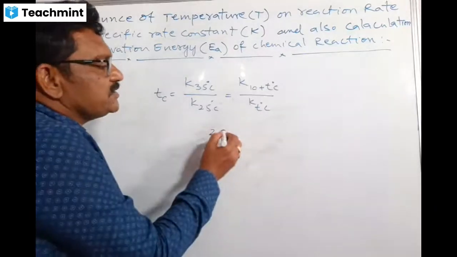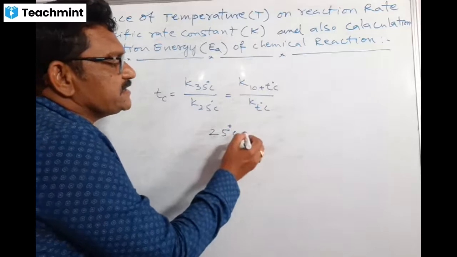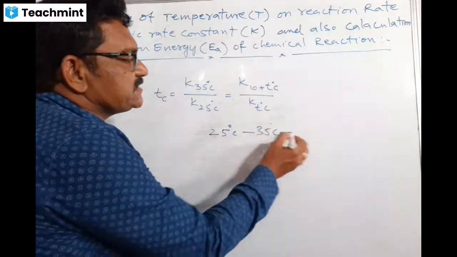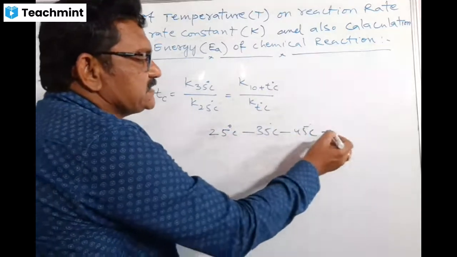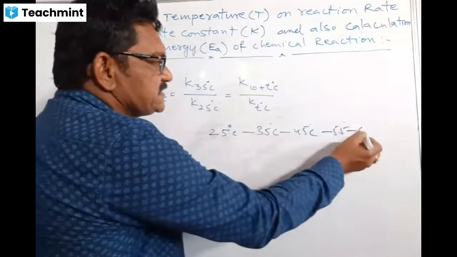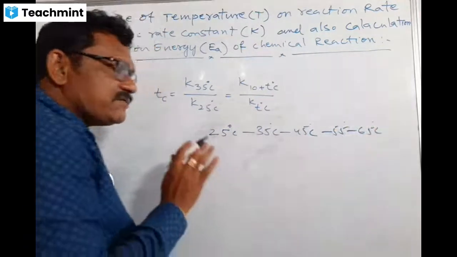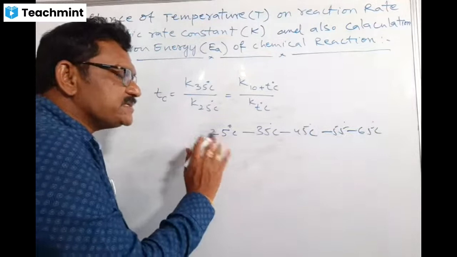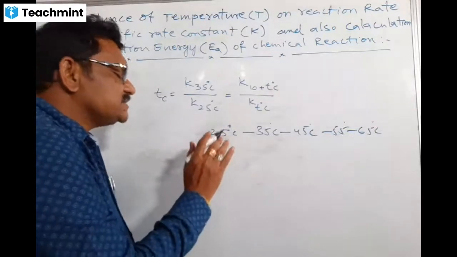For example, if we increase temperature from 25 degrees Celsius to 35 degrees Celsius, then 45, then 55, then 65 degrees Celsius, the temperature coefficient lies between 2 and 3.